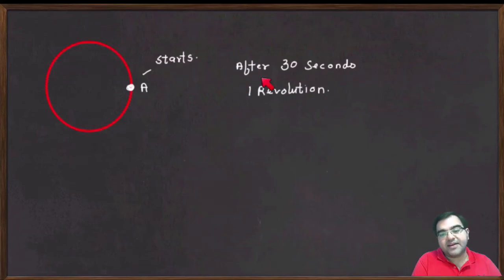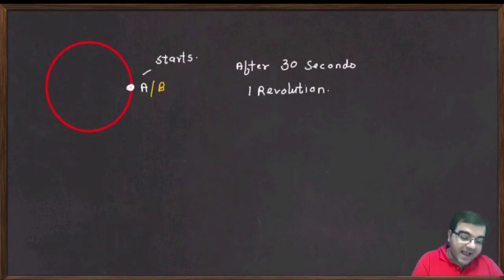And how much time did it take? 30 seconds. So 30 seconds was the time taken for one revolution. So a body starts at A, takes 30 seconds to take one rotation and then comes back to the same point.